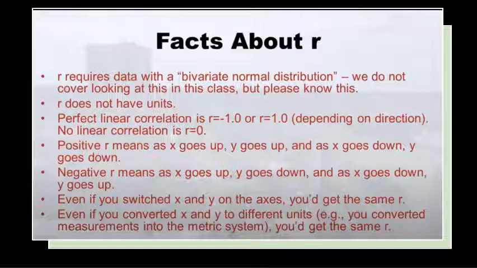We didn't go over this in class because it's a bit complicated and this is an intro to stats. So just know this for future, higher level statistics classes: R will require data with a bivariate normal distribution.